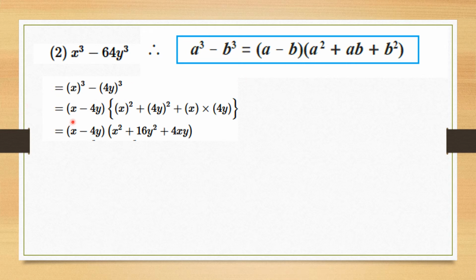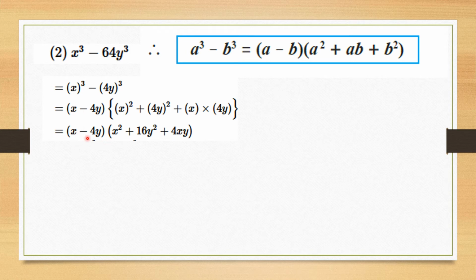So this becomes x minus 4y, and inside the bracket a square, so that is x square, plus b square, so that is 4y the whole bracket square, plus a into b. So a is x and b is 4y, so x into 4y. Next step is just simplifying it.